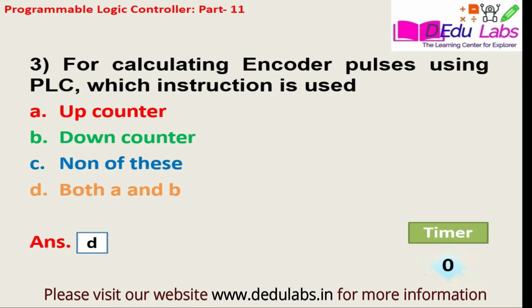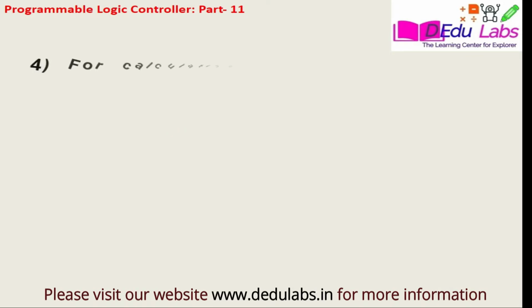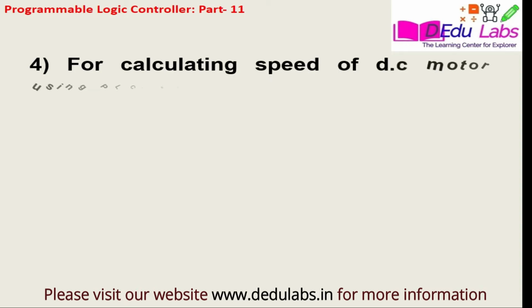Question number 4. For calculating speed of the DC motor using PLC, which instruction is used?